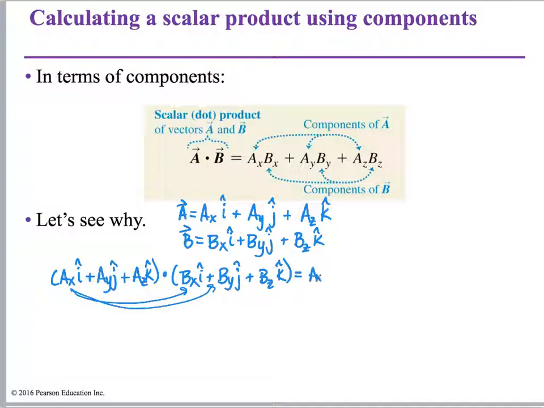So I have ax, bx, and then we can't forget, I hat dot I hat, then ax, by, I hat dot j hat, plus ax times bz, I hat dot k hat. And we're going to keep on going.